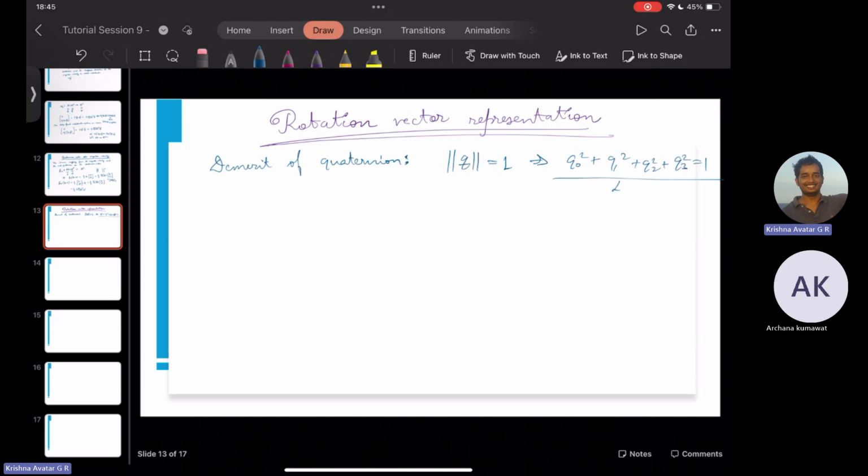So what we see here is that this is a quadratic norm constraint. It must satisfy this quadratic norm constraint so as to be considered a valid rotation.